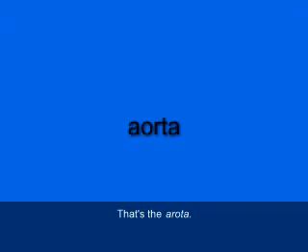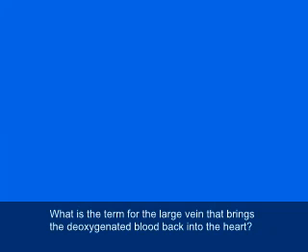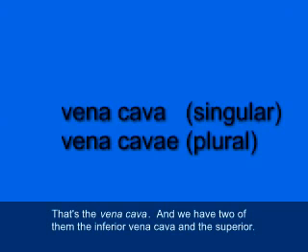Well, that's the aorta. And what is the term for the large vein that brings the deoxygenated blood back into the heart? Well, that's the vena cava, and we have two of them, the inferior vena cava and the superior vena cava.